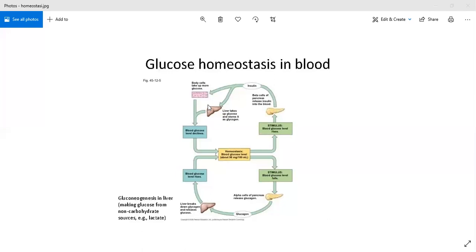Okay? Good. Now, the second thing, by the way, the process of conversion of glucose to glycogen is called glycogenesis.